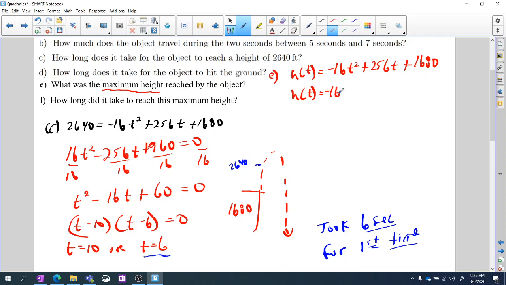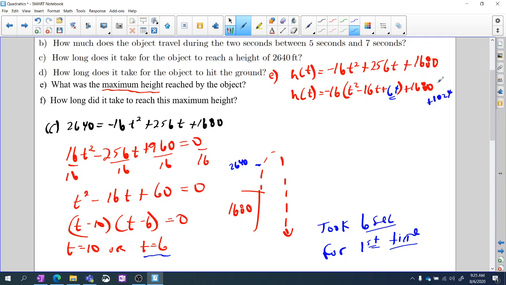Take out your negative 16, t squared minus 16t plus, leave room to complete the square, plus 1680. Half of 16 is 8. 8 squared is 64. 64 times negative 16 is a negative 1024, which means I'm going to have to add 1024 at the end.